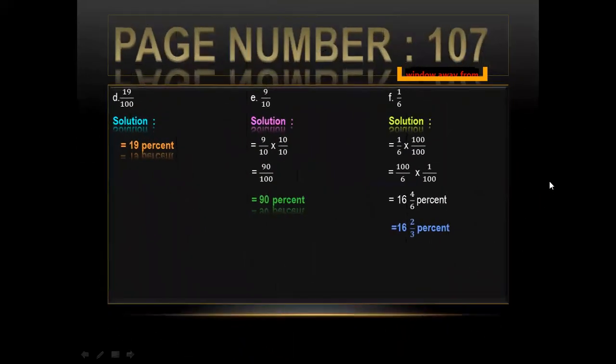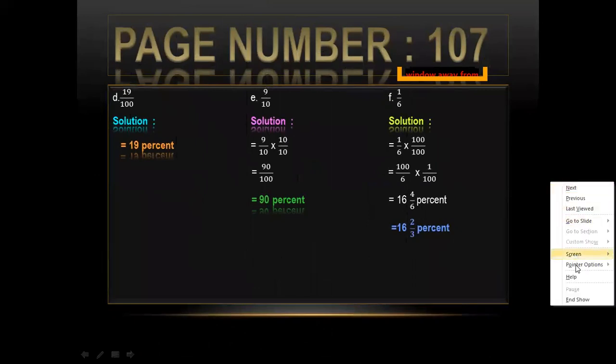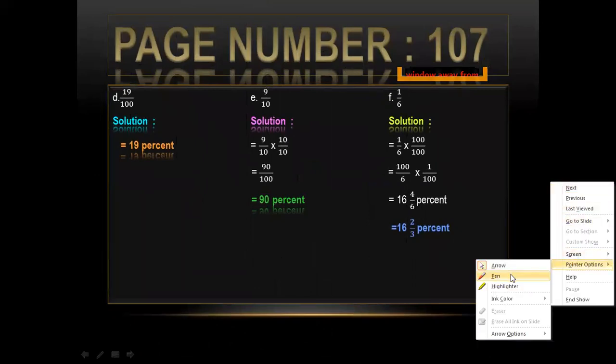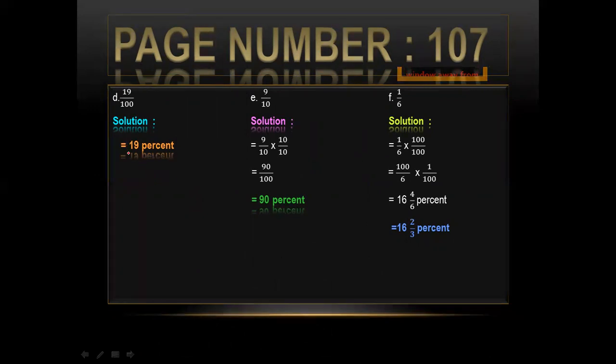Come to part D. There is already 100 in the denominator, so no need to multiply or divide it by any number. We directly write it as 19%.